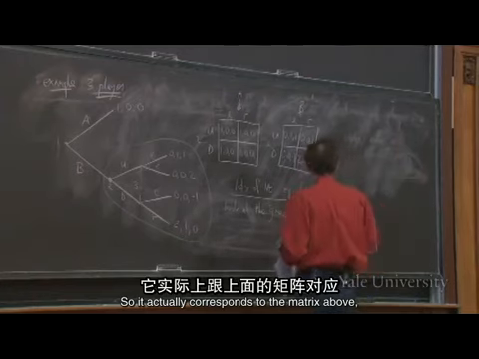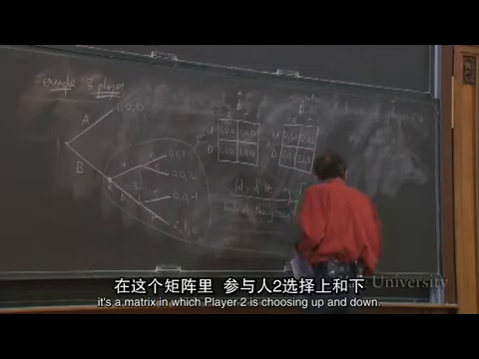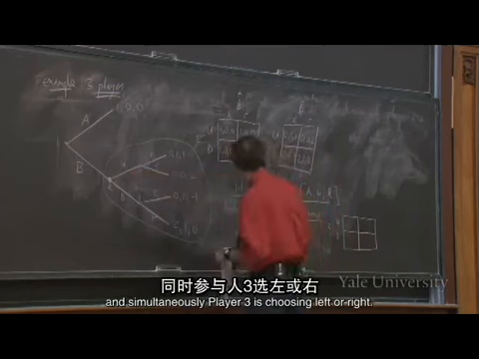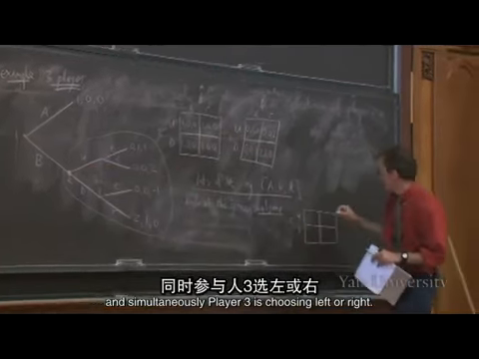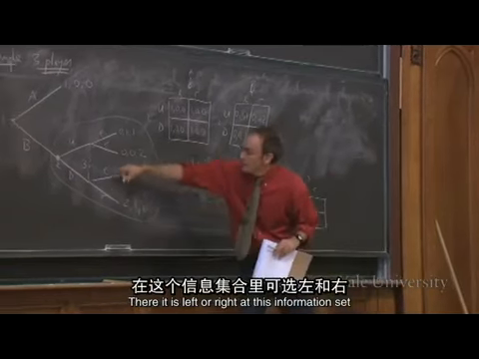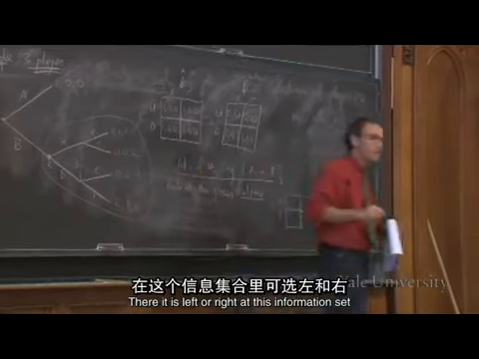This corresponds to the matrix above. It's a matrix in which player 2 is choosing up and down, and simultaneously, player 3 is choosing left or right, at this information set.